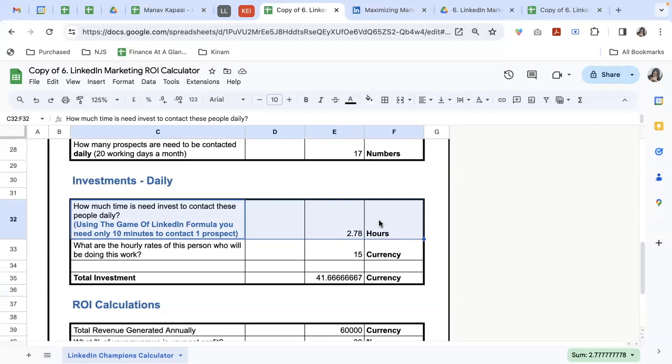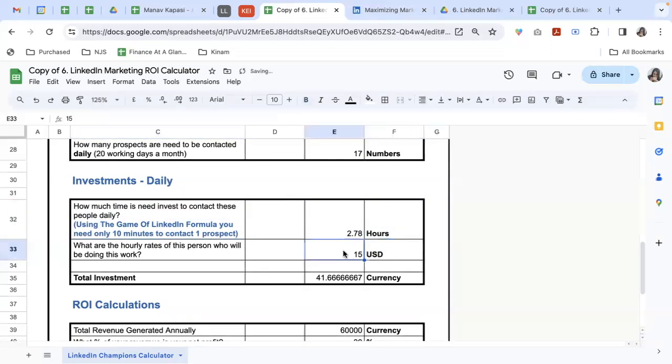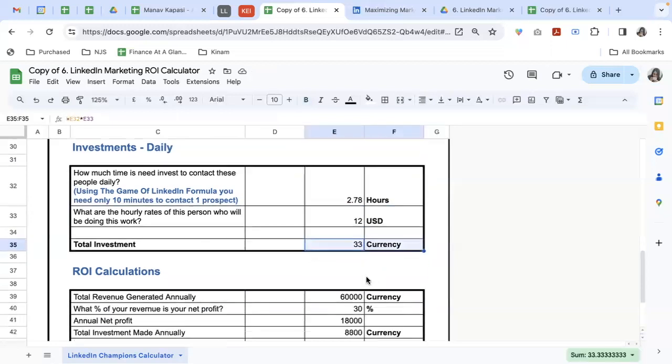So this is USD, 15 USD. If your person takes 12 USD, you will see the number here changes. Just rounding it off, the total investment daily is going to be 33 USD. All right, this is the daily one.